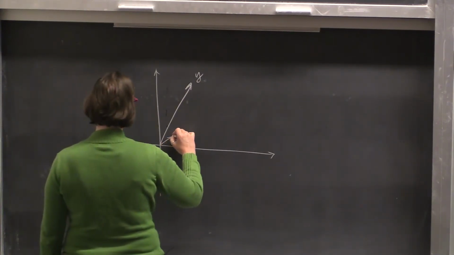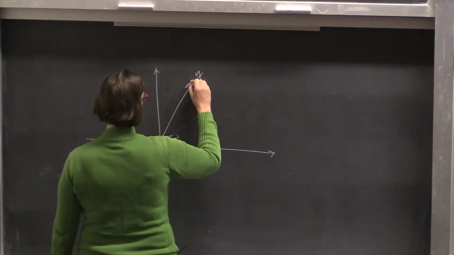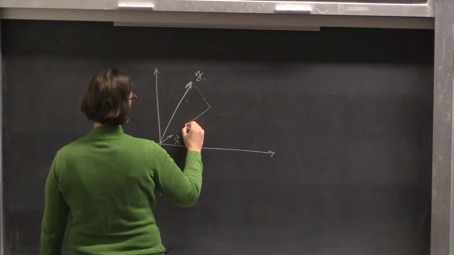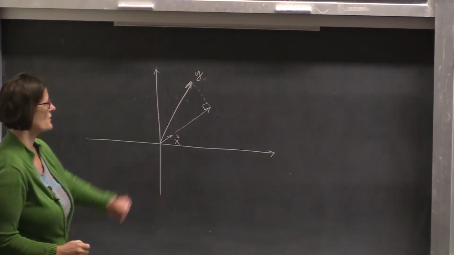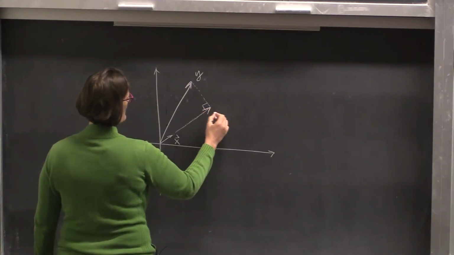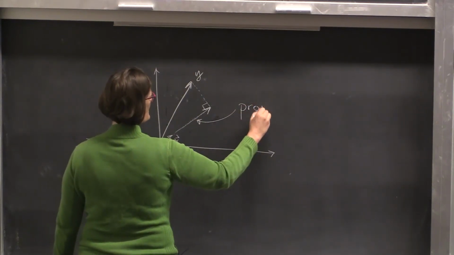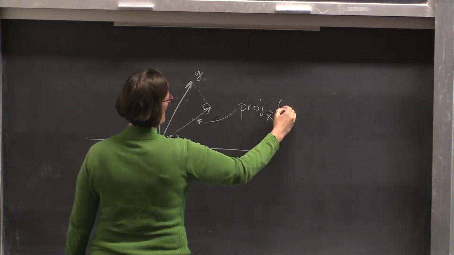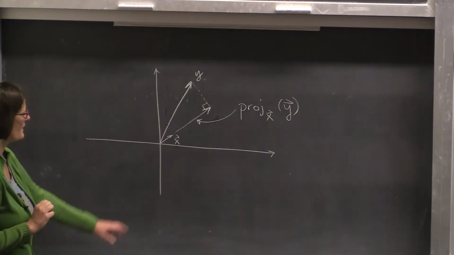And I would like to find this vector, with a right angle here, which I will call the projection onto the vector x of the vector y. That's the thing I would like to find.